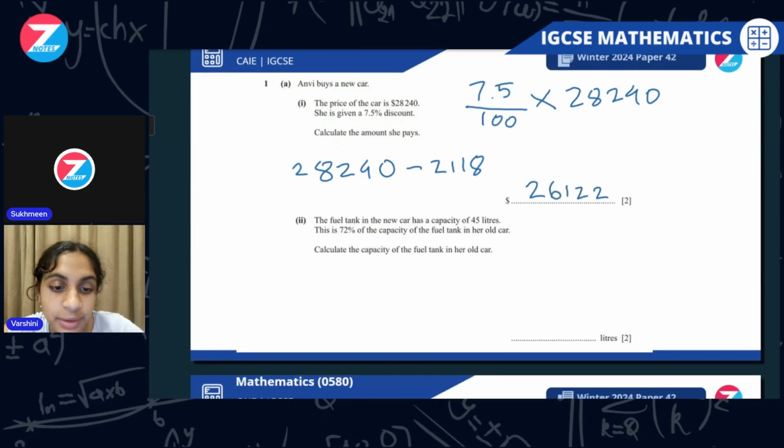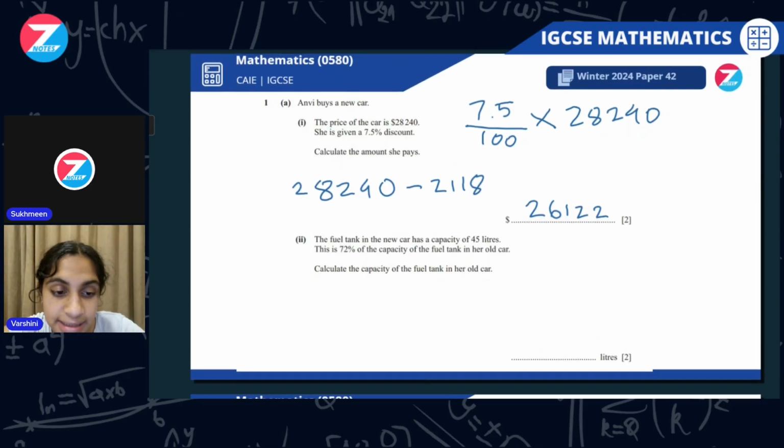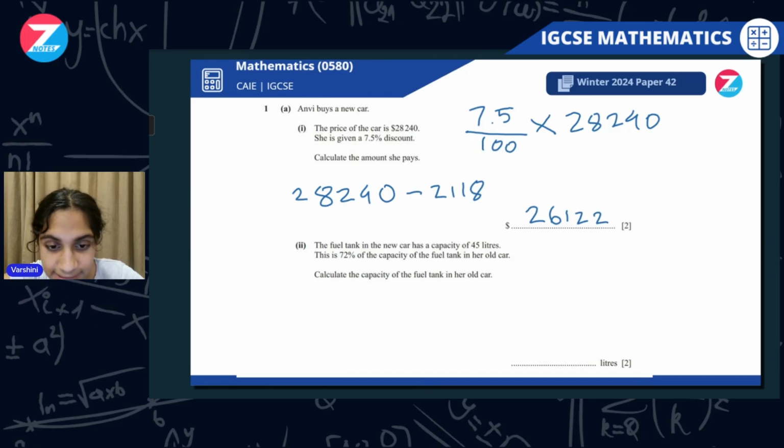Okay. The fuel tank in the new car has a capacity of 45 liters. This is 72% of the capacity of the fuel tank in her old car. Calculate the capacity of the fuel tank in her old car. So we know we have the fuel tank in her new car and the fuel tank in her old car. We can completely disregard the first part of the question.